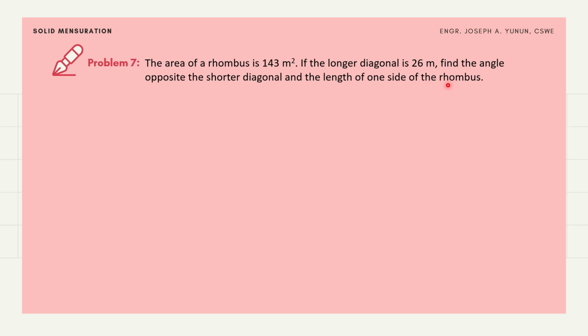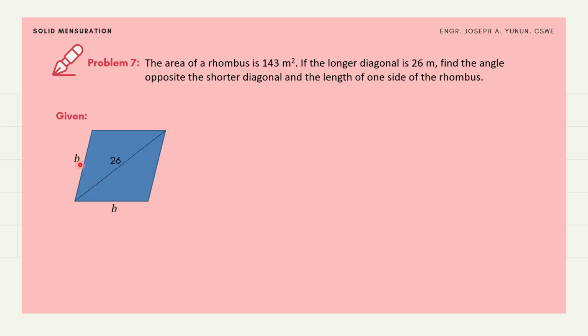By definition, a rhombus has equal sides, so all sides are equal. We need to determine the length of one side, and also find the angle opposite the shorter diagonal, given our longer diagonal and the area of the rhombus. Based on the given, I'll just draw the given figure.